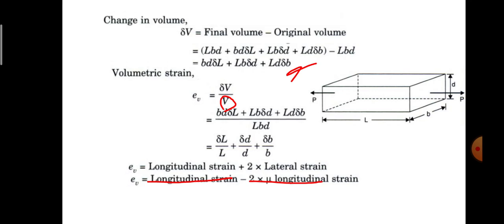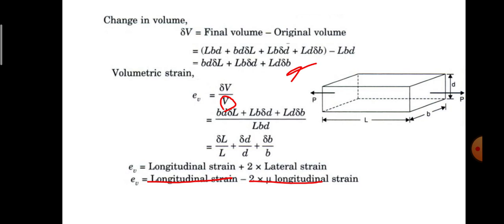So next, as I know the Poisson's ratio, which I discussed in my previous lecture series. Poisson's ratio is nothing but the ratio of lateral to longitudinal strain.